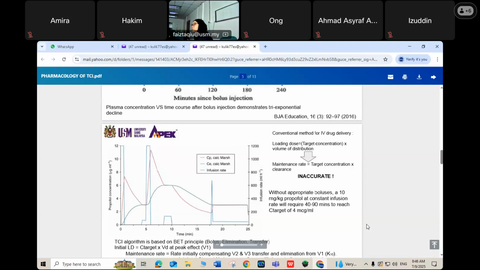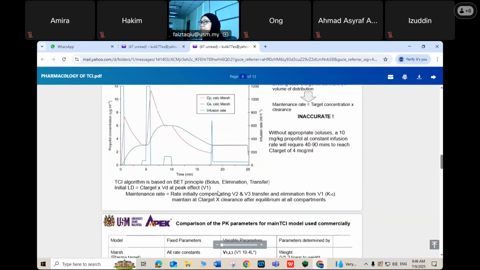That's very easy. Okay. So even though our TCI algorithm is based on the BET, this is just the base. It doesn't follow exactly like this. It means how much bolus you will give is not 10 mg per kg. The machine will calculate. If the BET just now was 10, 8, 6, right?